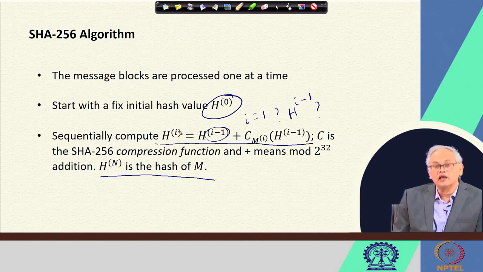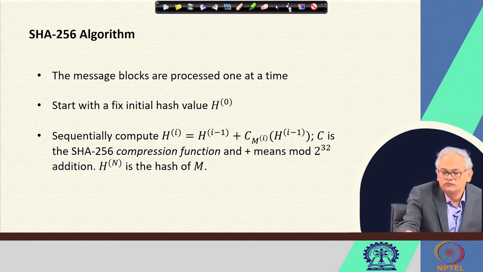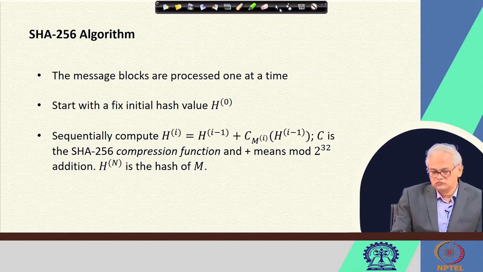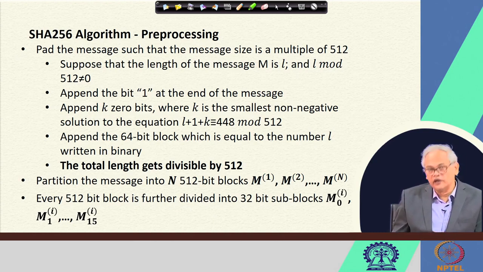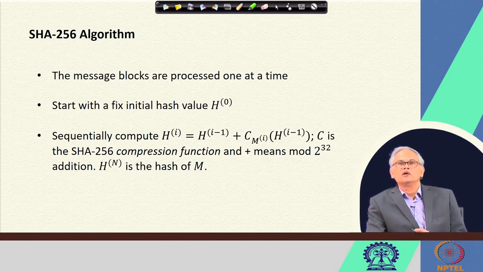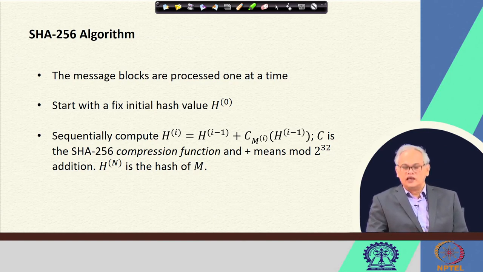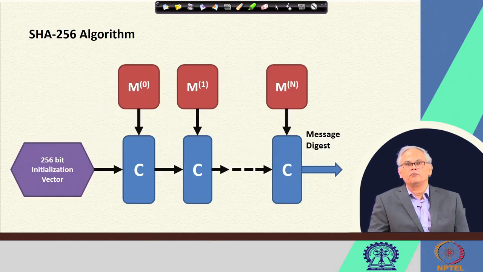If you remember, looking back at our example, n was the number of 512-bit blocks. So, by sequentially computing, we will get Hn, and that will be the hash value for the complete message which was given as input, that is M.